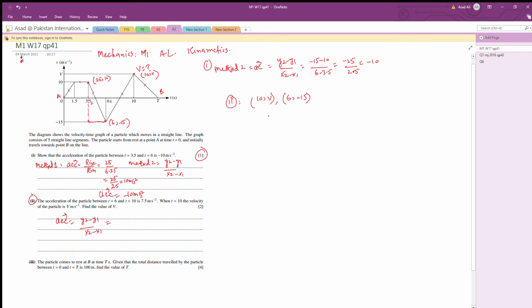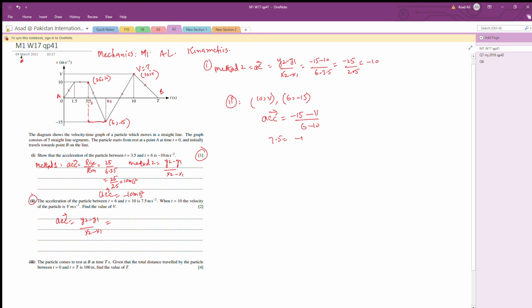We are going to show that acceleration is 7.5.